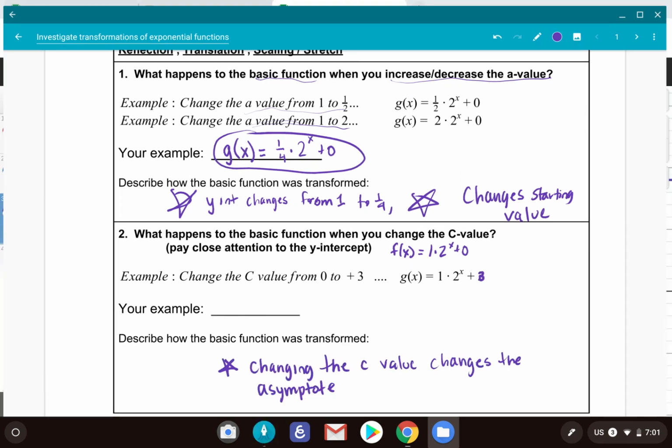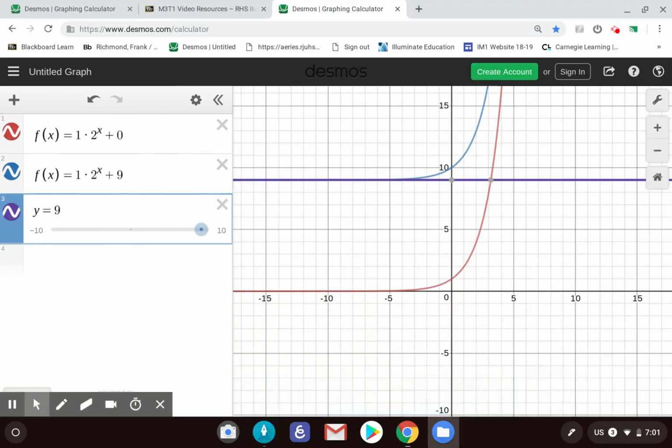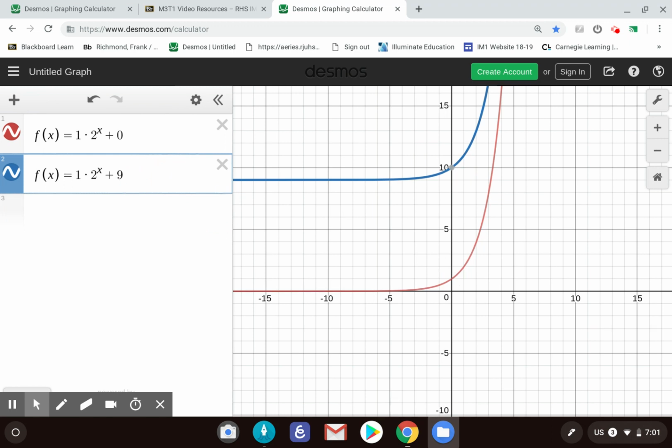You might notice also that changing the c value bumps up your y-intercept. On your original function, your y-intercept was 1, and when we added 9 here, now my y-intercept is 10. So it bumped it up by 9. If I were to just add 3, now my y-intercept is 4.